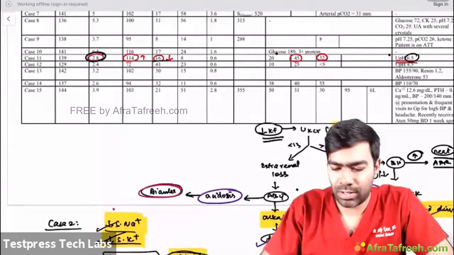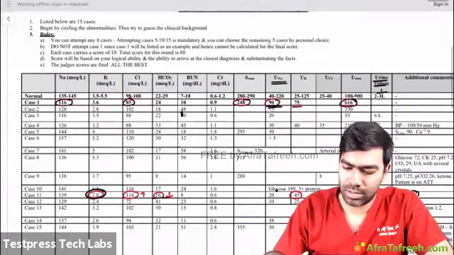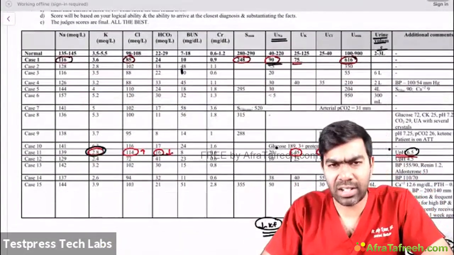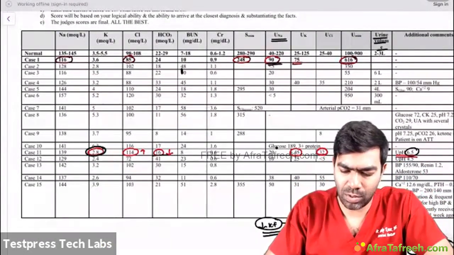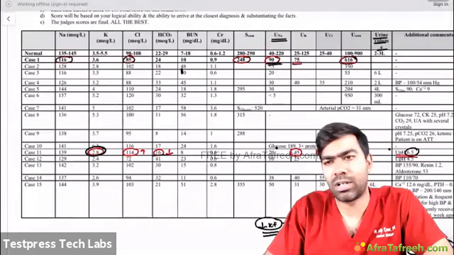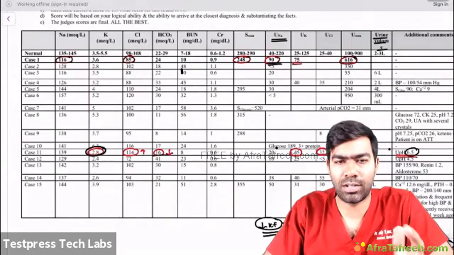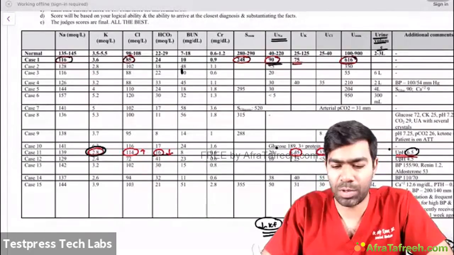Case number 7. Yaman is asking case number 7. So let us see what happens; I think that must be a very simple one. In case number 7, you have sodium okay, potassium borderline. I don't call it normal potassium, but a little high.